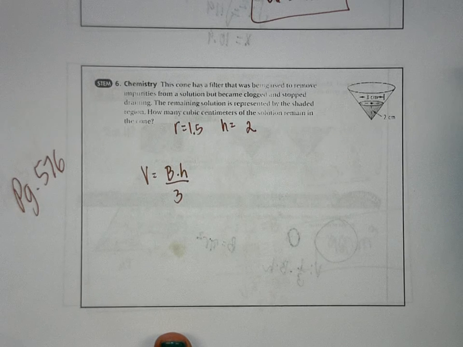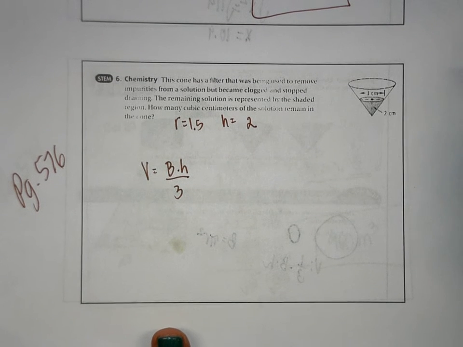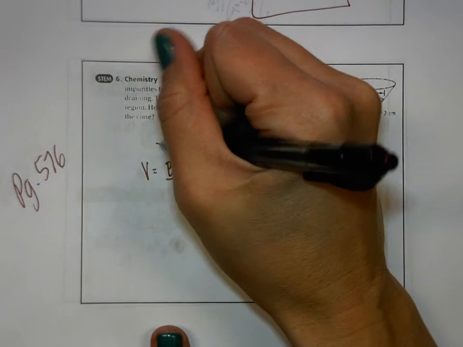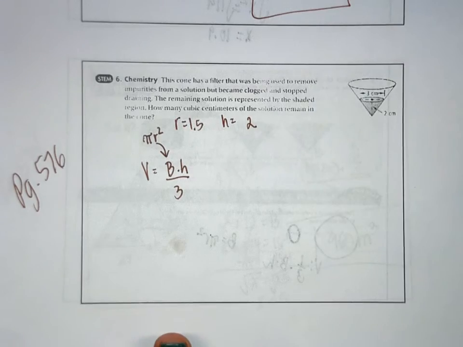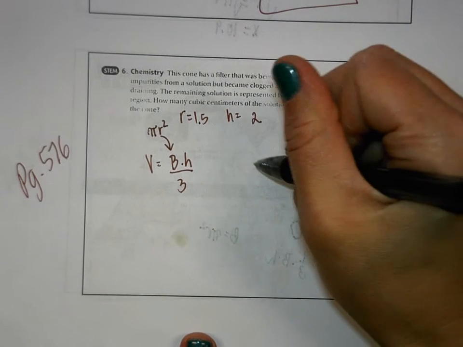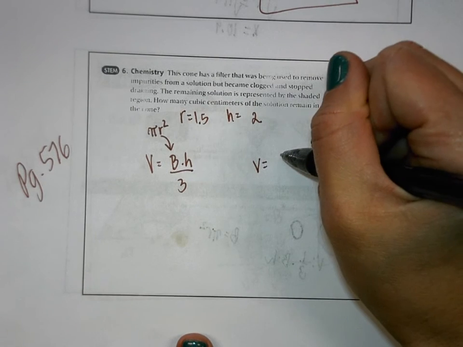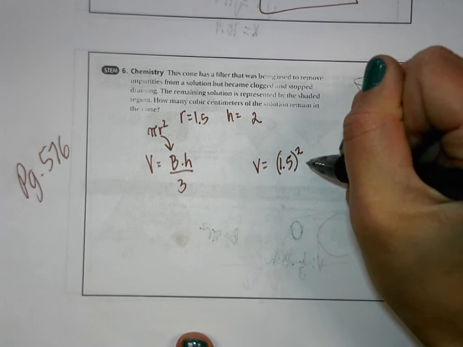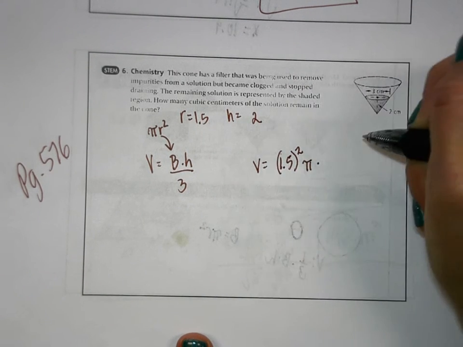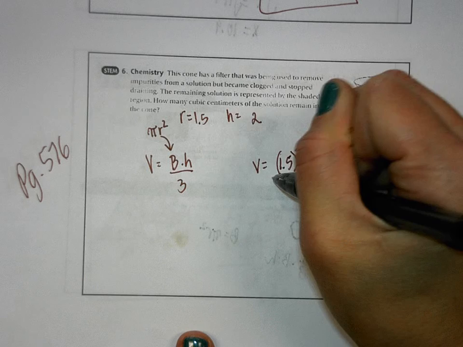What will I write for my base area? Okay, remember that for a cone, the base area is pi r squared. So that means for my volume, it's going to be what? 1.5 squared times pi times the height 2, and we divide that by 3.